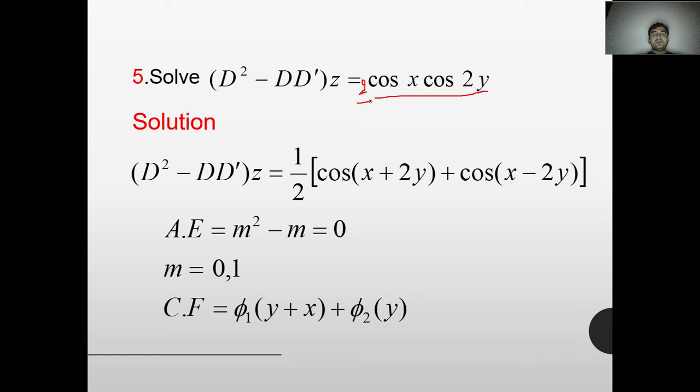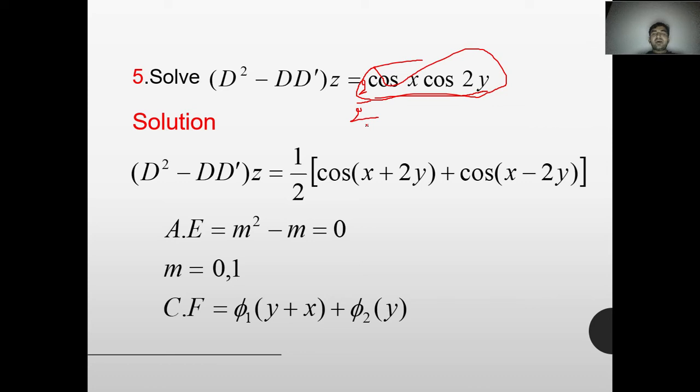Here we know the formula 2 cos alpha into cos beta is equal to cos alpha plus beta plus cos alpha minus beta.